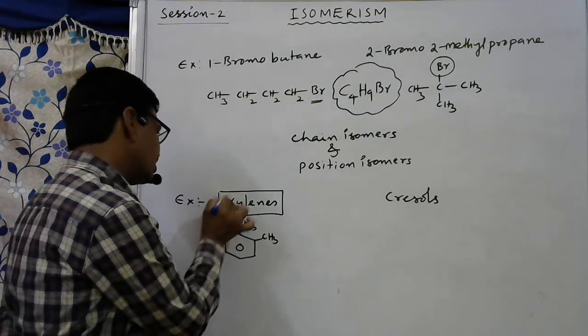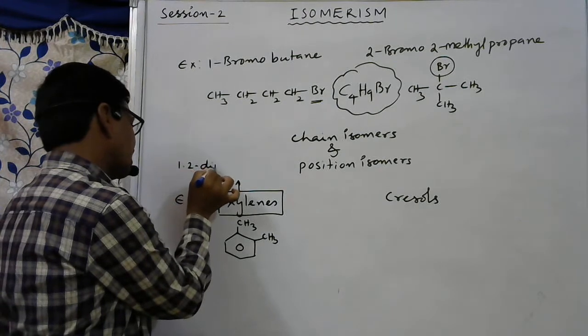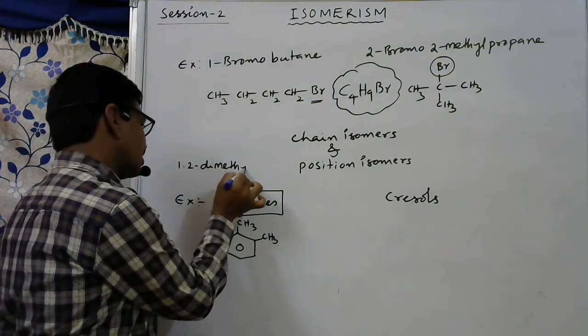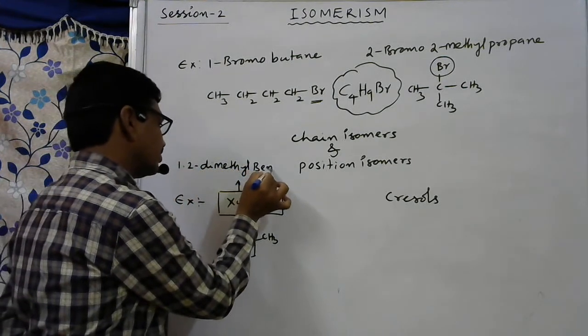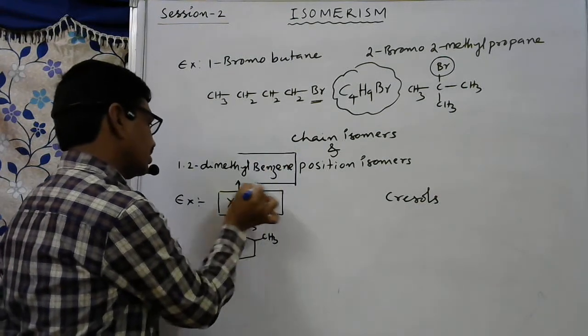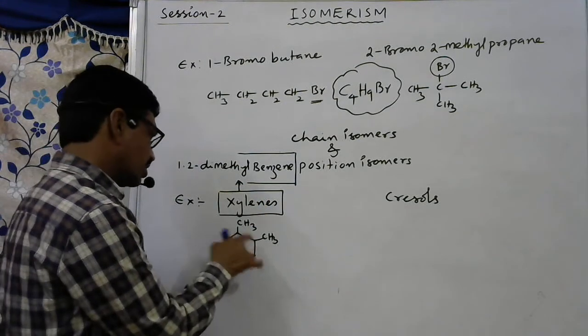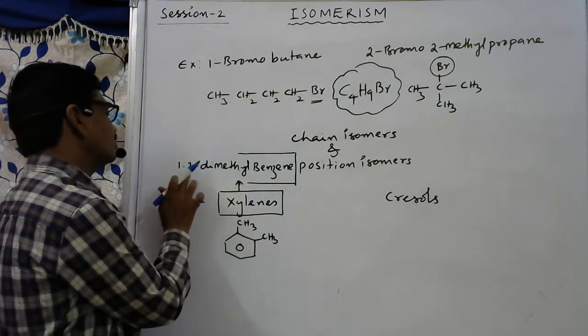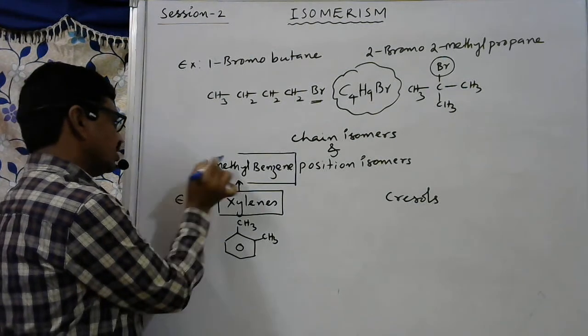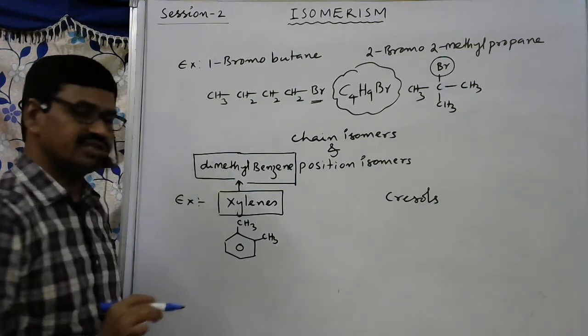What are xylenes? Xylene is nothing but 1,2-dimethylbenzene. These are called xylenes. Directly we can write dimethylbenzenes are called xylenes.